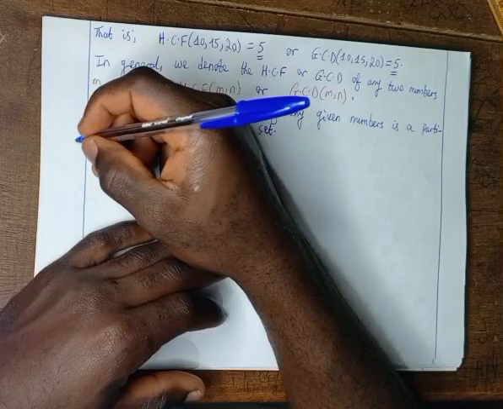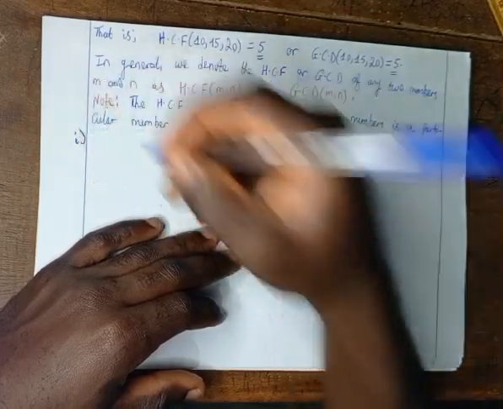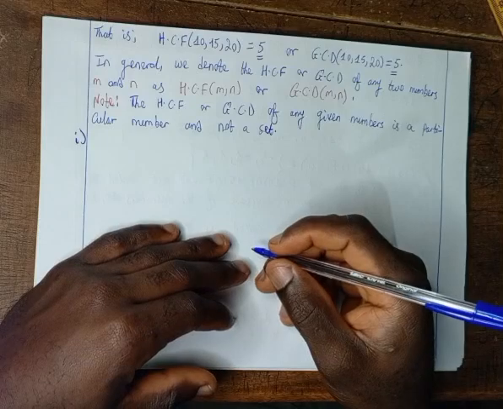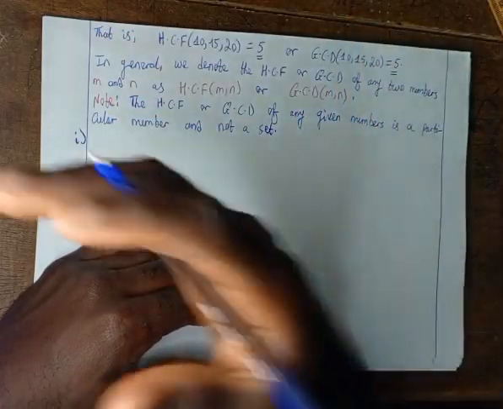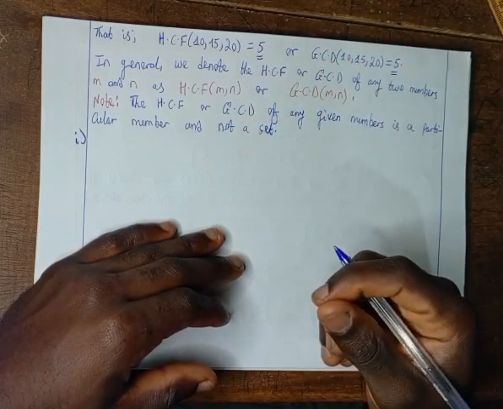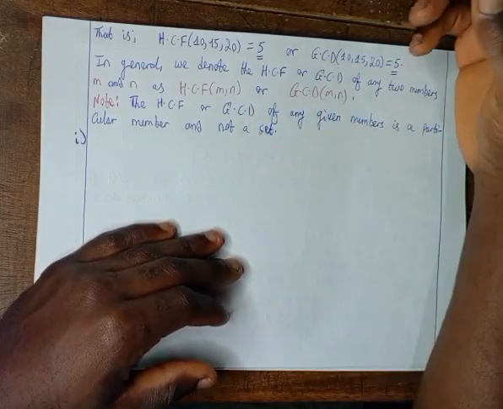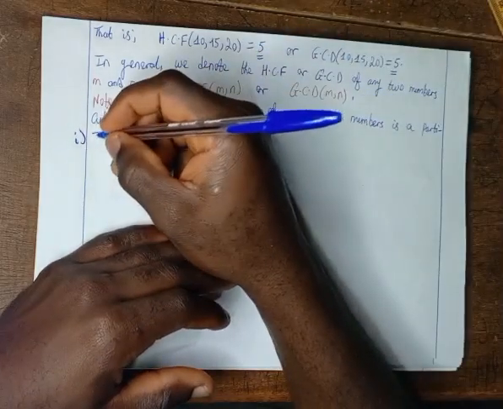Now let's look at the various ways in which we can get the highest common factor for any given numbers. This is the first method we can use. You can either write out the factors, then extract the common factors, and from the common factors you get the highest. Another way of getting it is through prime factorization.